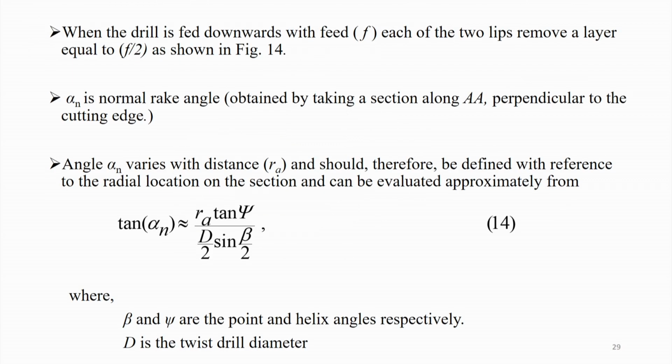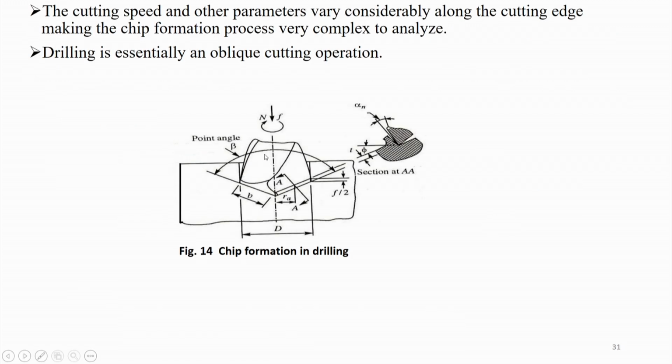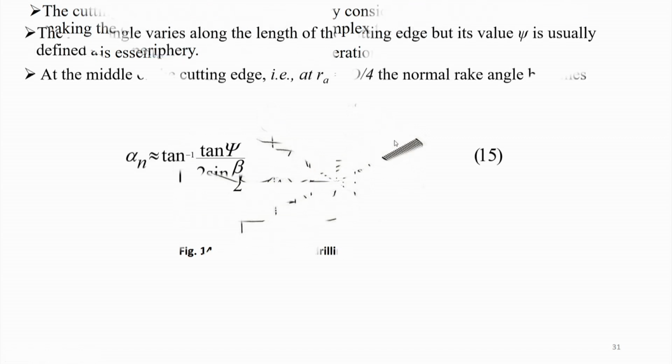Now, here alpha n is the normal rake angle. Alpha n is shown here: if we take a section, section AA will give you alpha n.